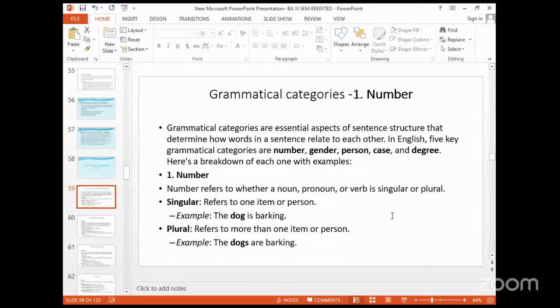So again, this is very important for common nouns which are countable and show plural markings, such as dog, dogs, child, children, radius, radii, etc. So this is all about number as a grammatical category.